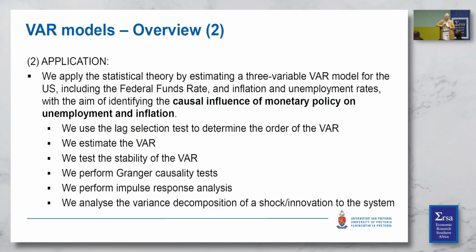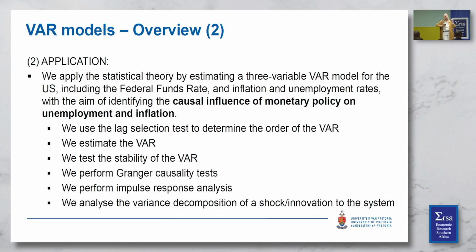attract investment, and through all those links, we hope to alleviate unemployment. However, if you look at this example for the US case, you can literally see over that sample period that an innovation in the policy rate has a significant impact on unemployment.